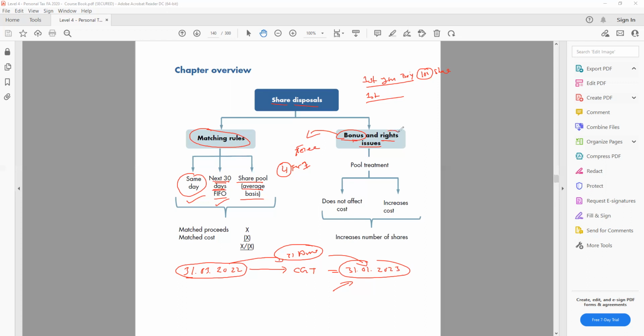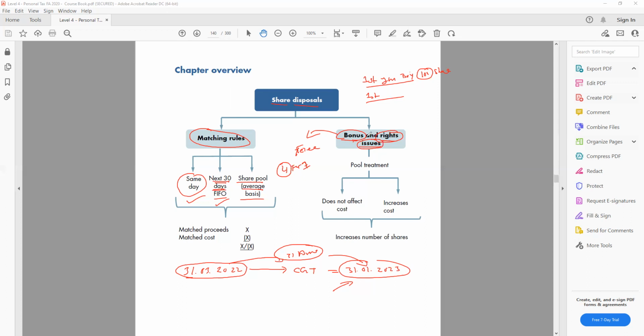The rights issue is about when you issue shares to the existing shareholders at a little bit cheaper price. For example, when the company decides to issue shares because they want to raise some capital in the market, they issue some shares.